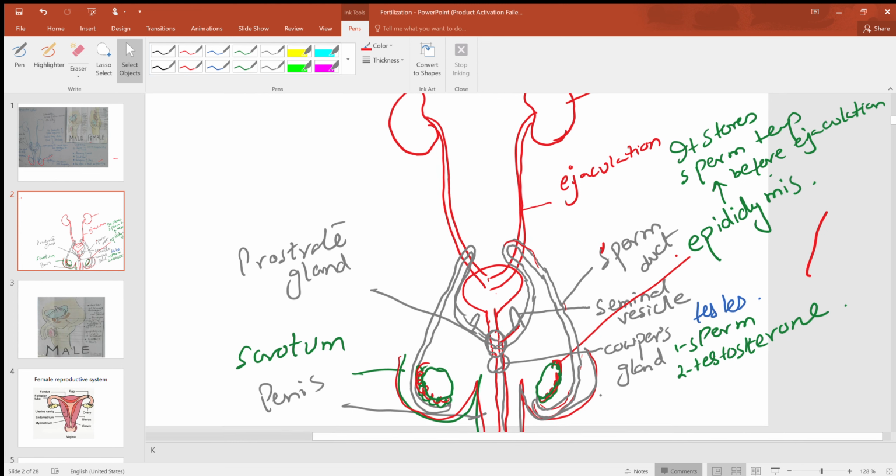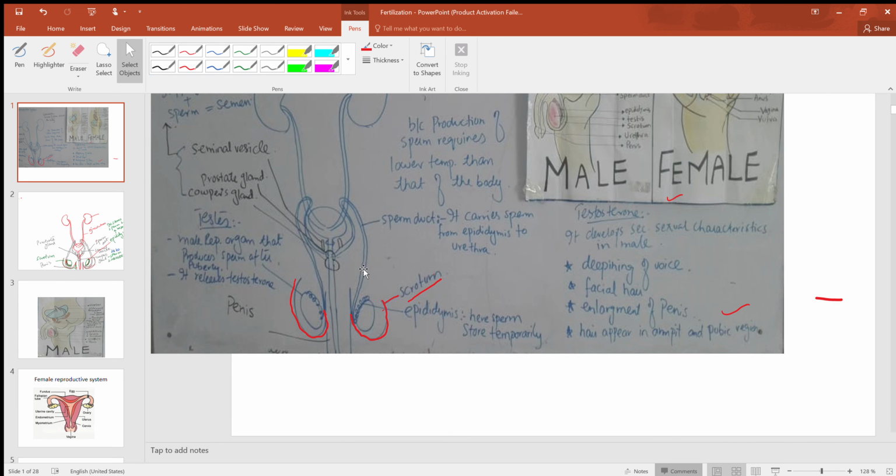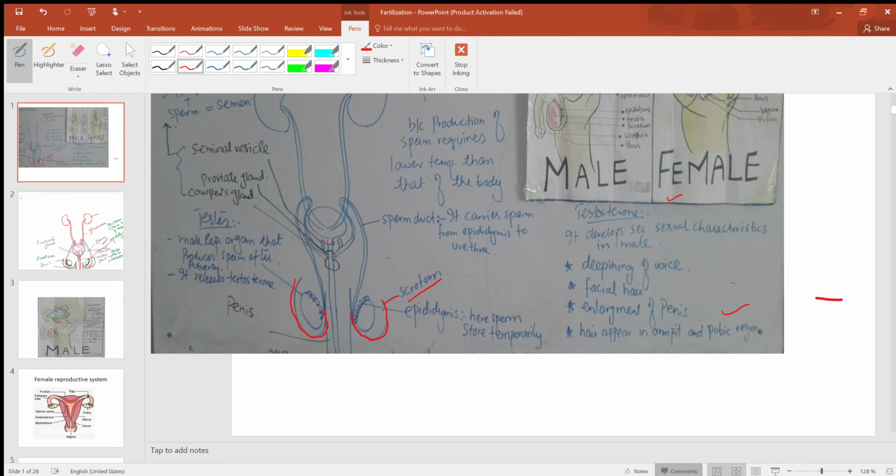Fine. So it will move upward, loop over the ureter of its own side, and open in the urethra. Where will it open? It will open in the urethra.